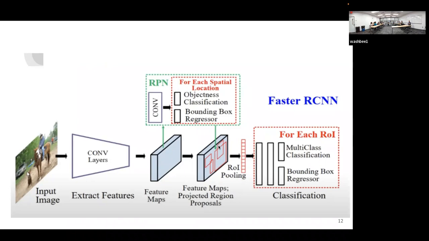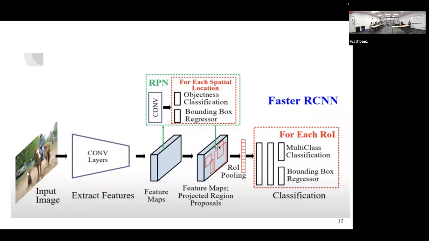But then, once you created an ROI, you're back to step one, which is to do it one by one. But instead of doing it before the convolutional neural network, you now do it within the convolutional neural network, and you share features, because you use the feature maps to train an RPN, the region proposal network, which is a small other convolutional neural network that does the prediction of the proposals.